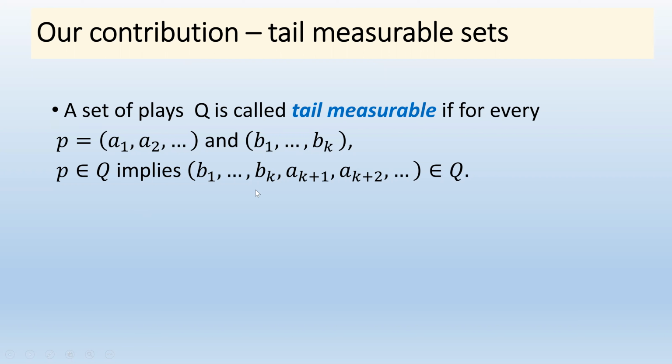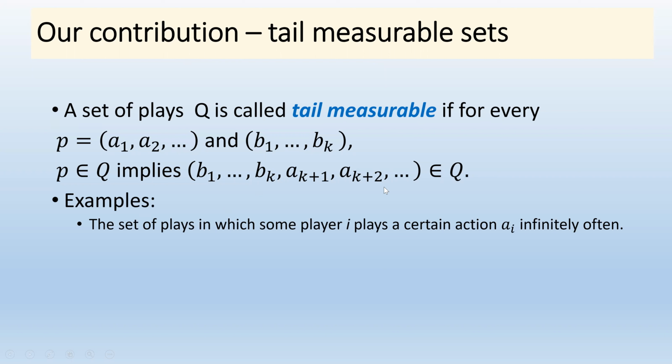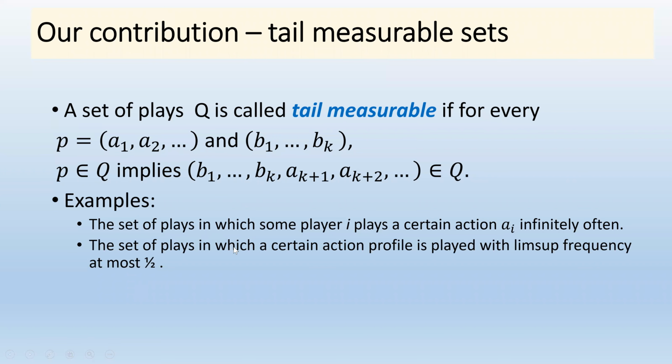You can think of tail sets that are not shift invariant. So here are examples of tail measurable sets. The set of plays in which some player I plays a certain action AI infinitely often. The set of plays in which a certain action profile is played with lim sup frequency of, say, at most half.